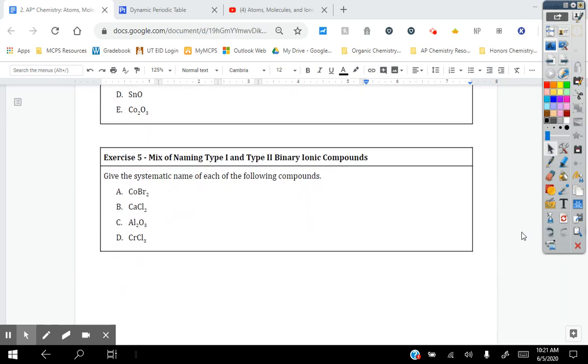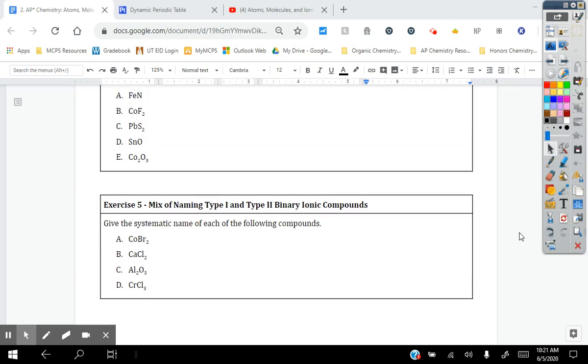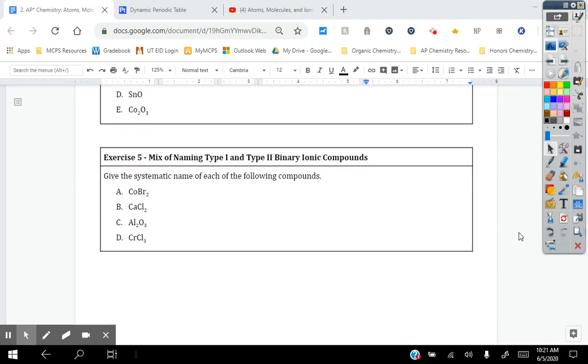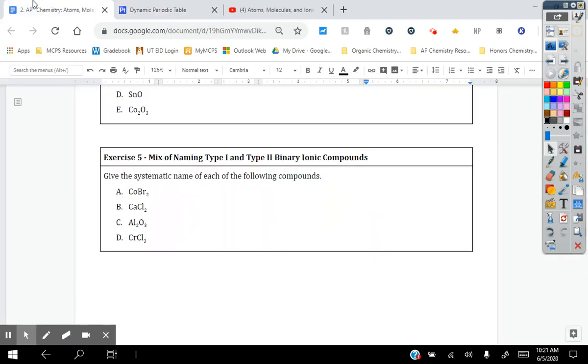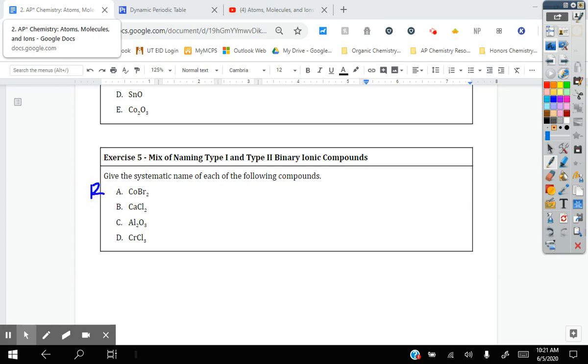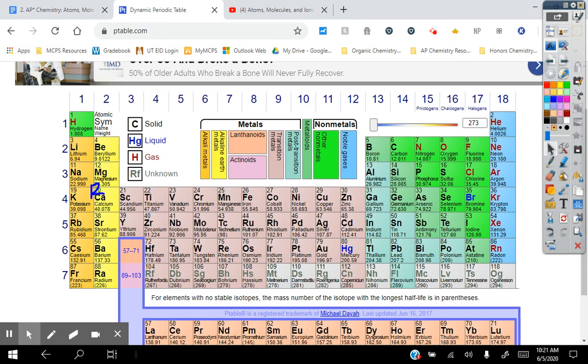All right, welcome back. Exercise 5 is actually one that I think I'm going to skip due to time, but if you have a mix of type 1 and type 2, it really just comes down to looking at the first element and seeing if it needs a Roman numeral or not. So Co is here, it's a transition metal. Transition metals need a Roman numeral. So I'm just going to go through and label. I need an R for this one. When I look at calcium in the next one, calcium is over here.